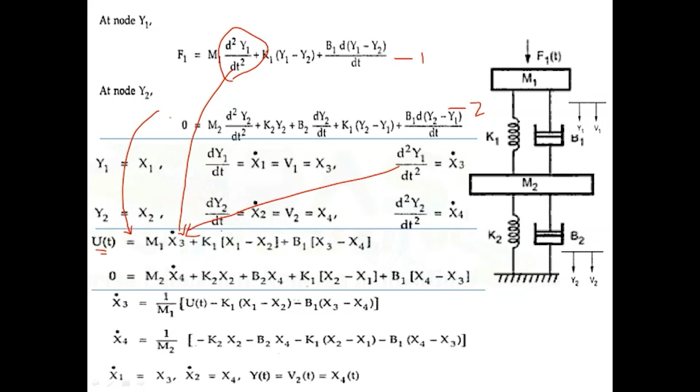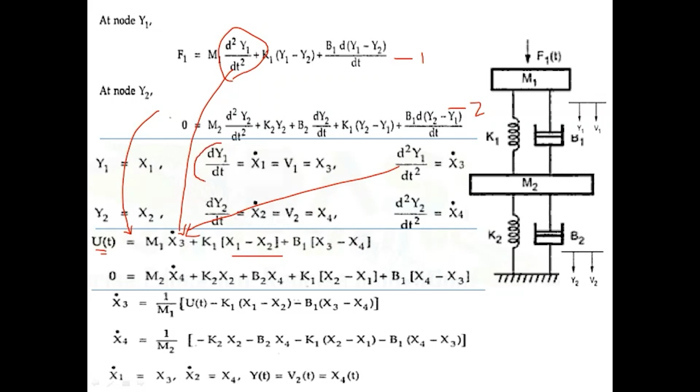Similarly, k1 into x1 minus x2, because y1 is x1, y2 is x2, so y1 minus y2 can be written as x1 minus x2. In the similar way, d(y1 minus y2) divided by dt is replaced by x3 minus x4.